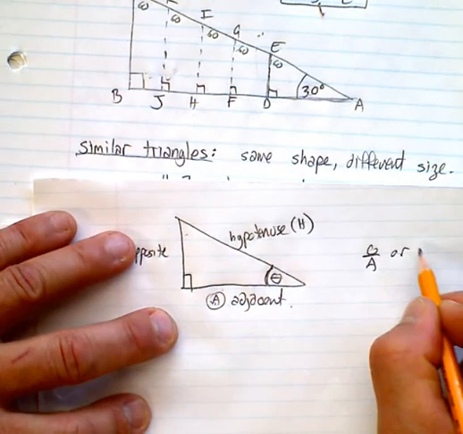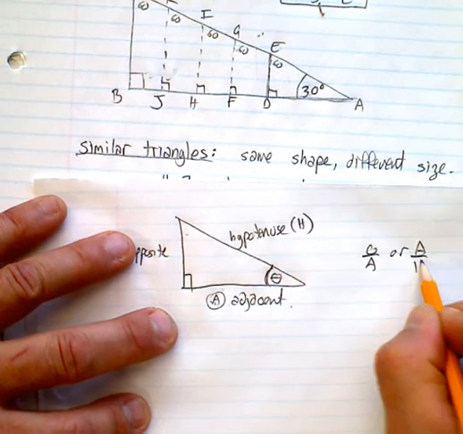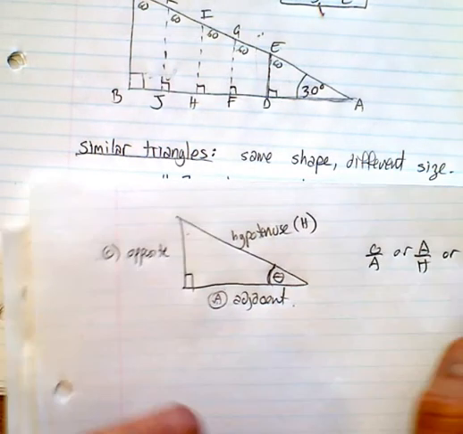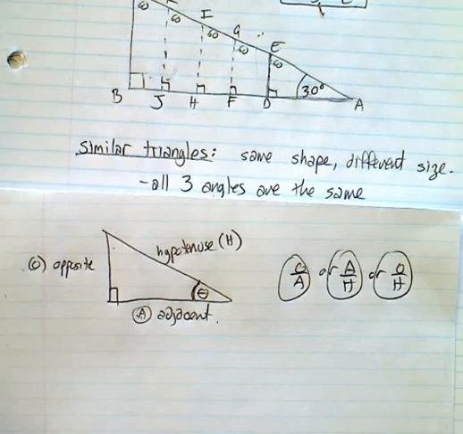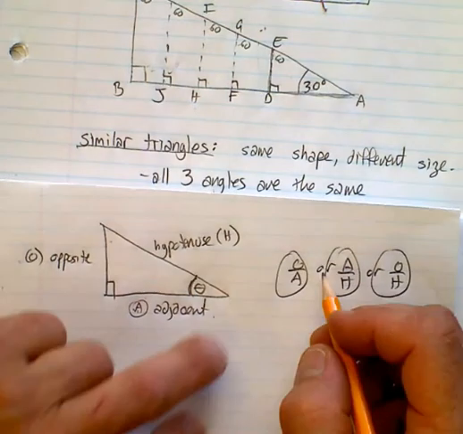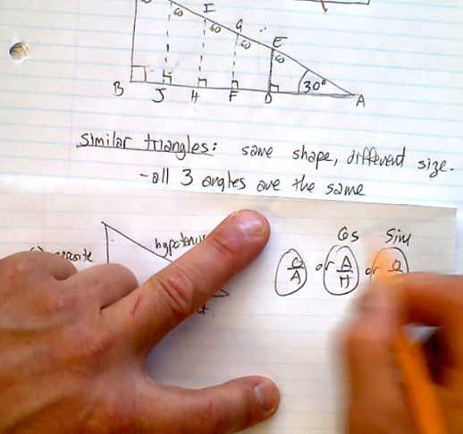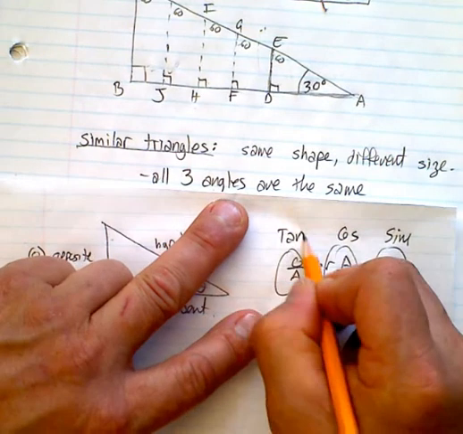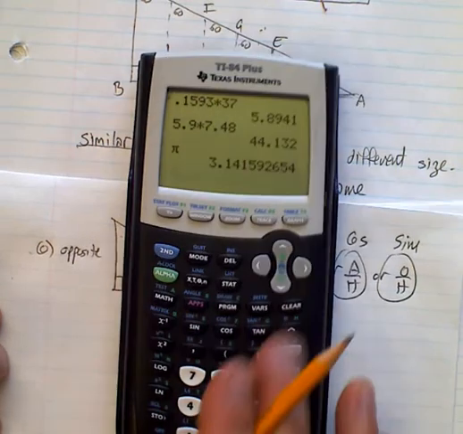So you can go O over A, or A over H, or the opposite over the H. So these are the three ratios. And it just so happens that this is the sine ratio, this is the cos ratio, and this is the tan ratio. This is where the sine, cos, and tan come from on your calculators.